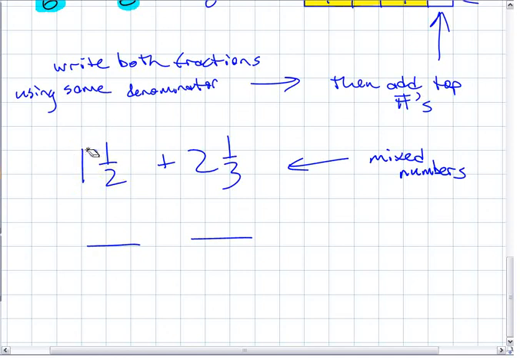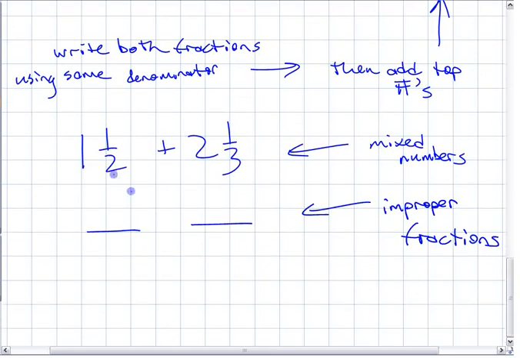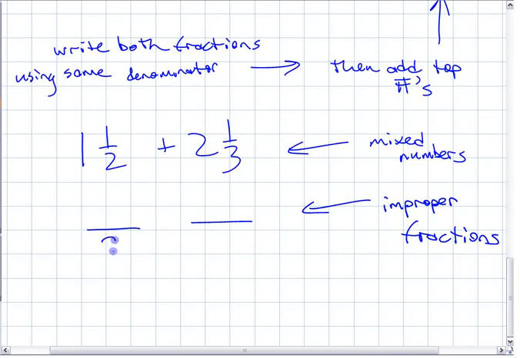It's probably easier if you can turn them into what are called improper fractions. Do you know what an improper fraction is? Where you have more, right? 1 1/2. How many halves do you have if you have 1 1/2? You have 3 halves.